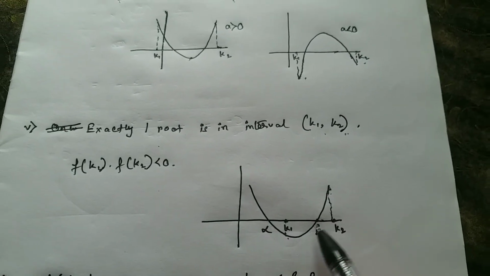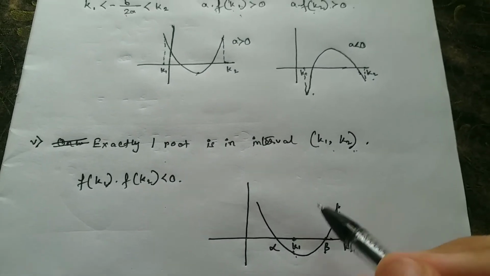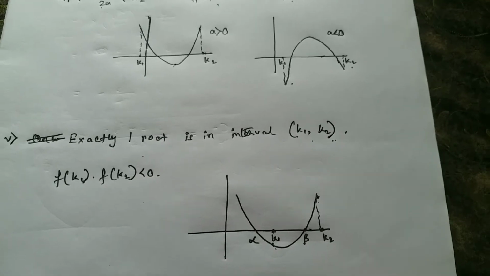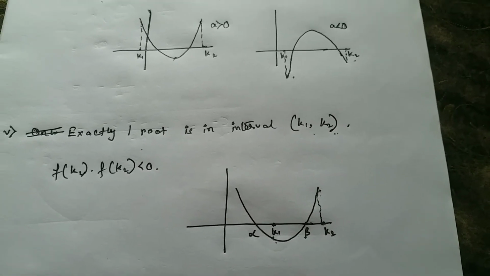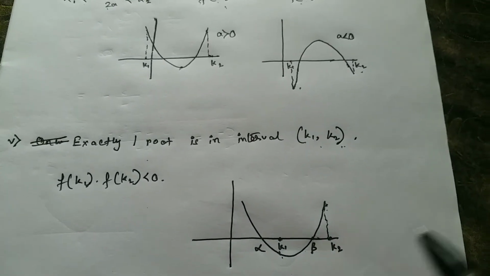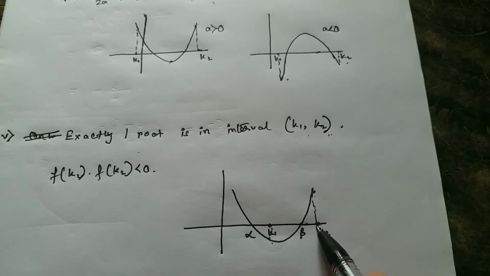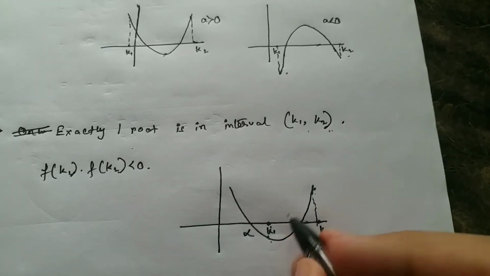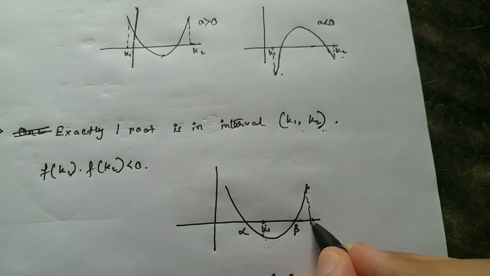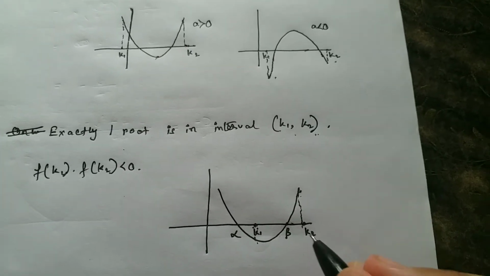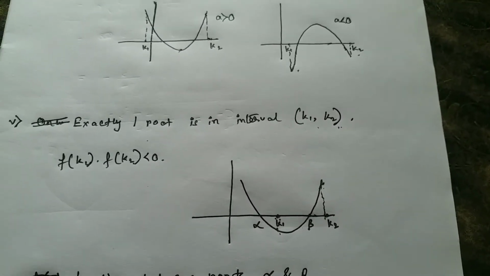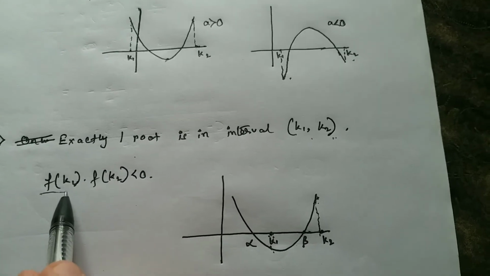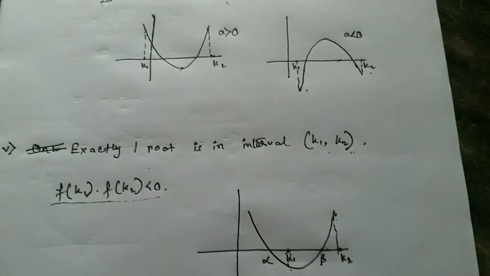If f(k1) is less than 0, then f(k2) has to be greater than 0. If the parabola is downward, if a is less than 0, then f(k1) would be greater than 0 and f(k2) will be less than 0. But since they are on either side of the root, they have to be of opposite signs. So that means f(k1) times f(k2) has to be less than 0.